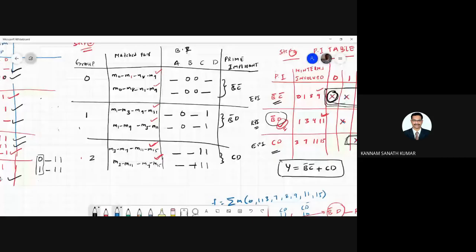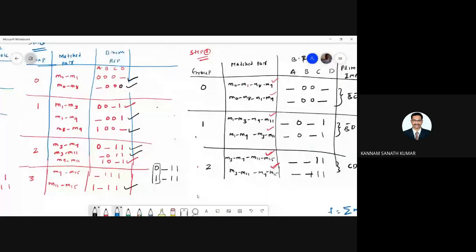Which are not ticked, those are also essential prime implicants. Suppose, like, during matching this is not ticked, so this is my essential prime implicant. This prime implicant also I should write in the final expression.